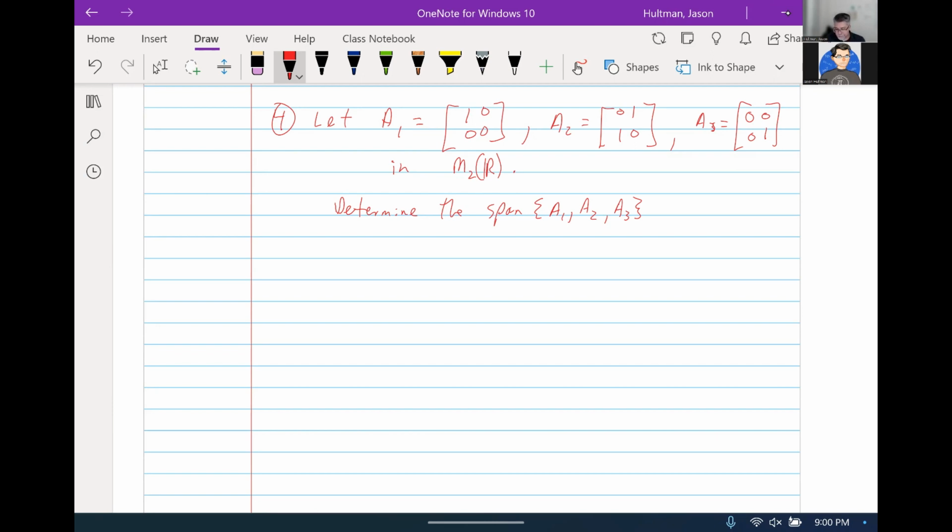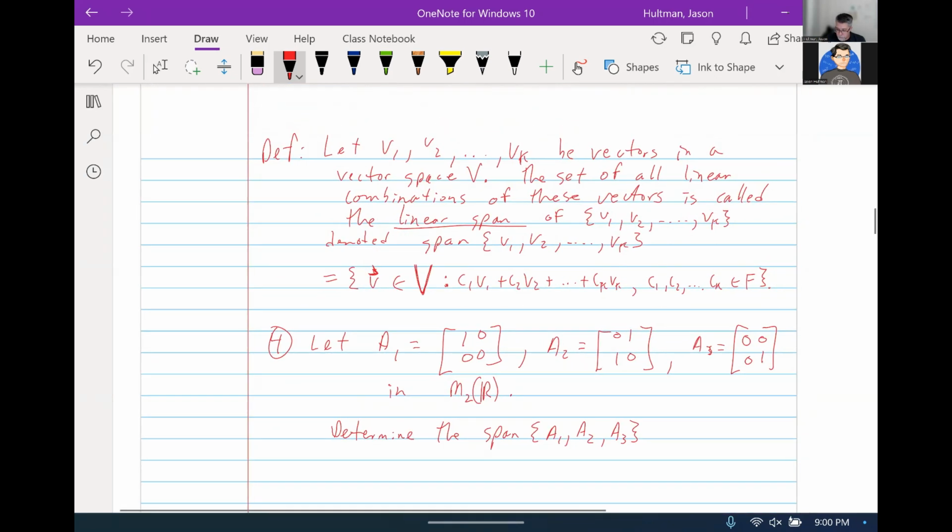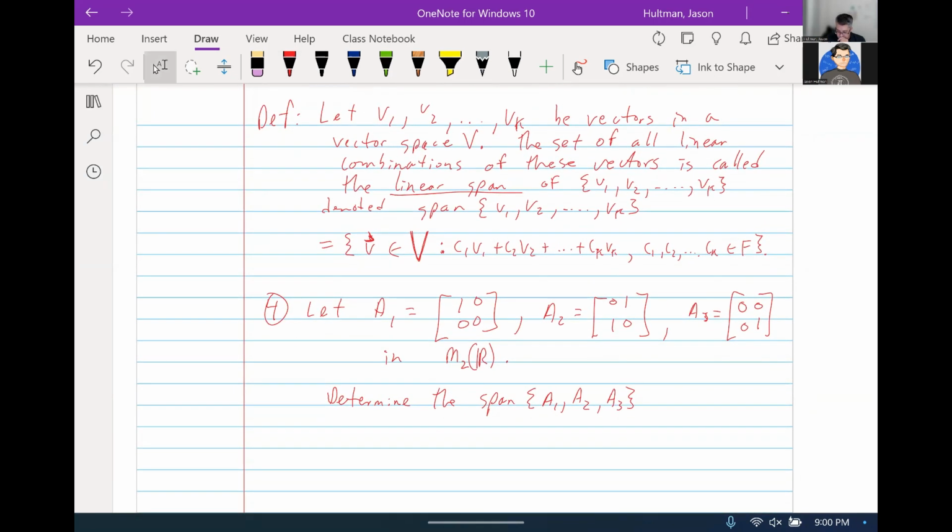Span. So the set of all linear combinations of these vectors is called the linear span. Okay, you denote it as the span. So we want to know what are all the linear combinations that we could have for A1, A2, and A3.